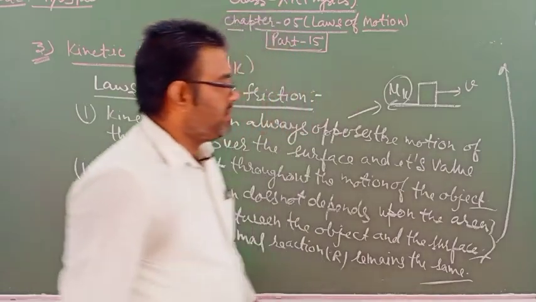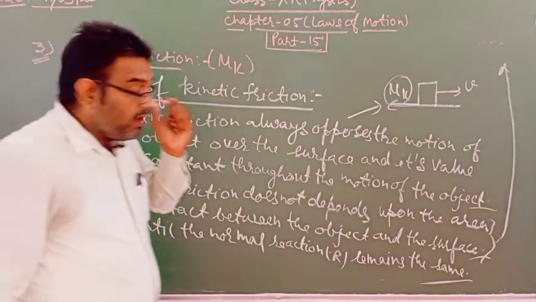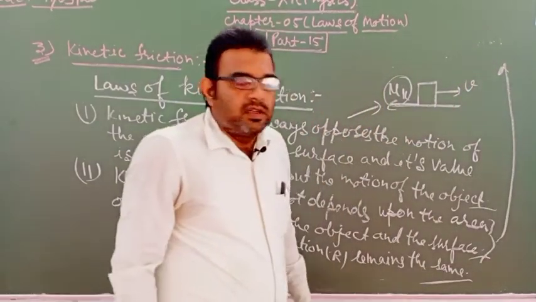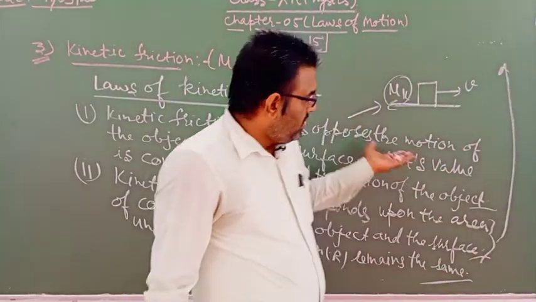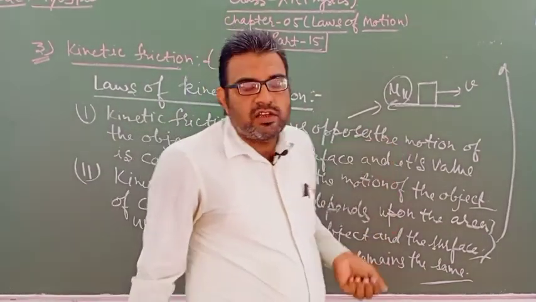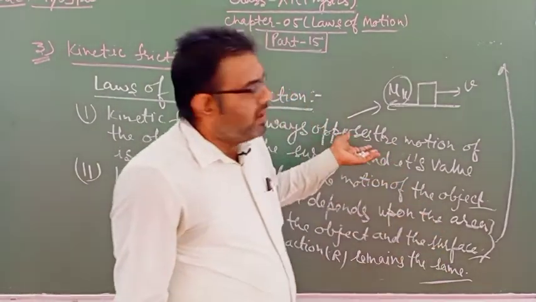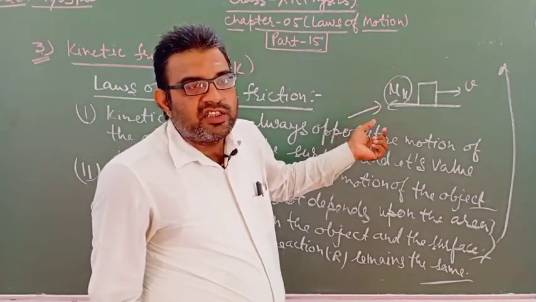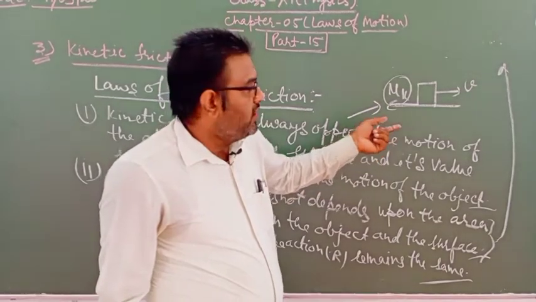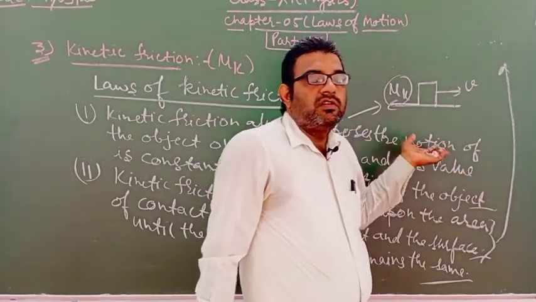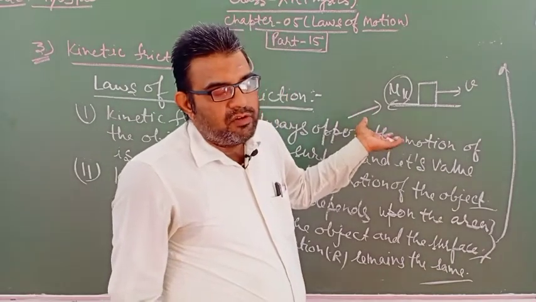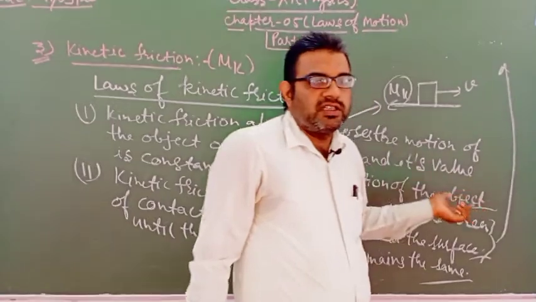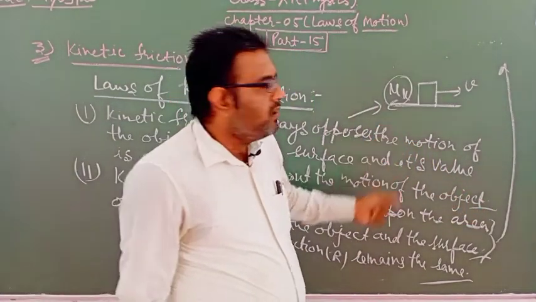in the case of static friction also I had explained this. When we were discussing the coefficient of limiting friction or static friction, in that case also we had discussed that if the area of contact is changing but the normal reaction is not changing, then the value of limiting friction or static friction does not change, because it depends upon the normal reaction.